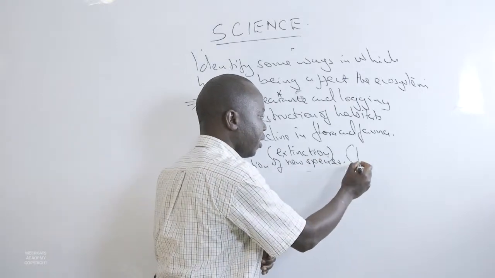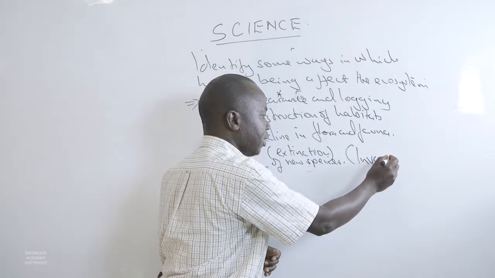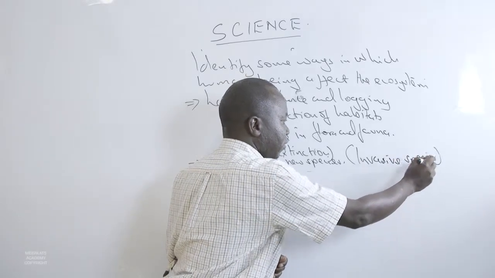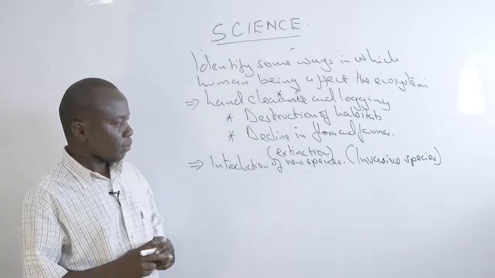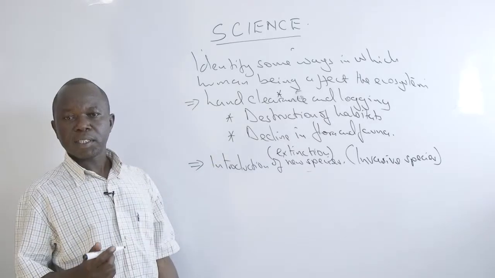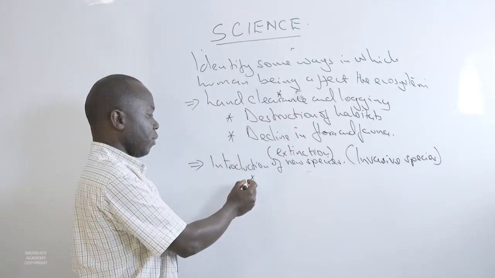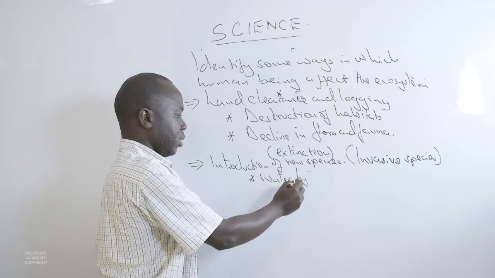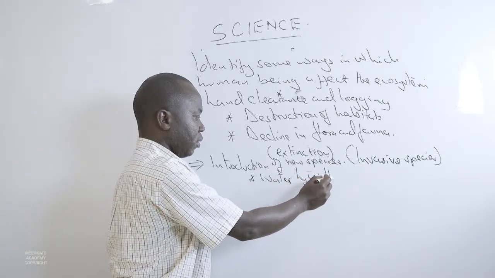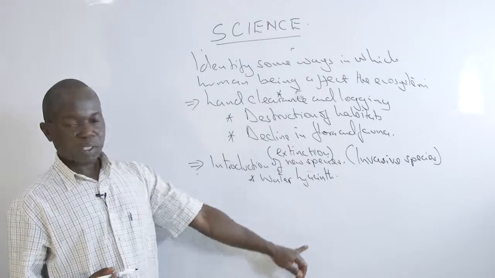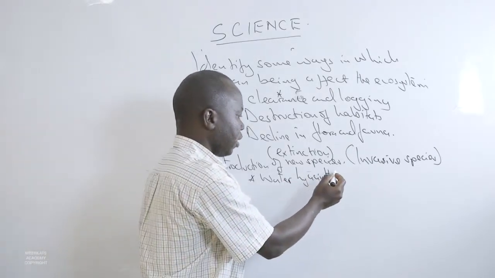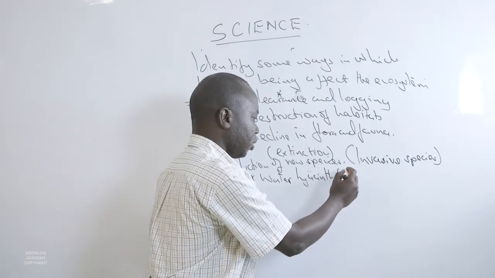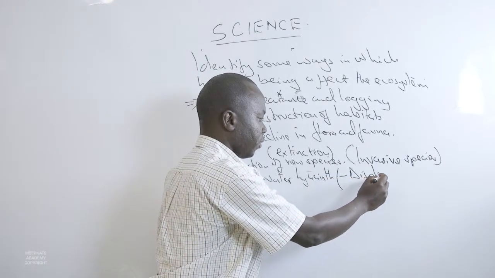So we were referring to those type of species as invasive species. We were able to give examples. One of them is water hyacinths.